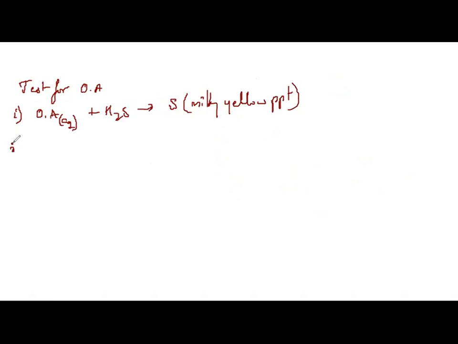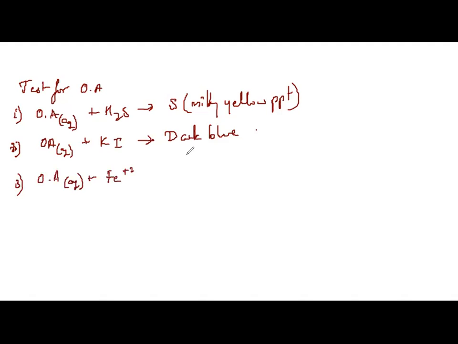Even when this aqueous solution of oxidizing agent is treated with potassium iodide, it will give a dark blue color. This is confirmation that the taken compound is an oxidizing agent. Third, when you take this oxidizing agent solution and treat it with Fe+2 ions, they will get converted to Fe+3.